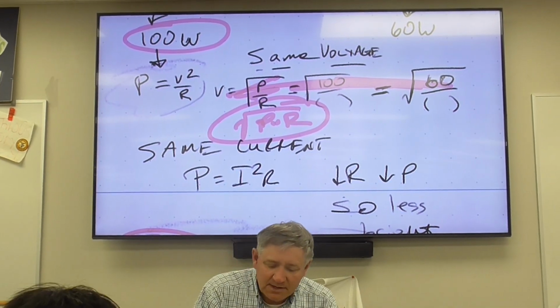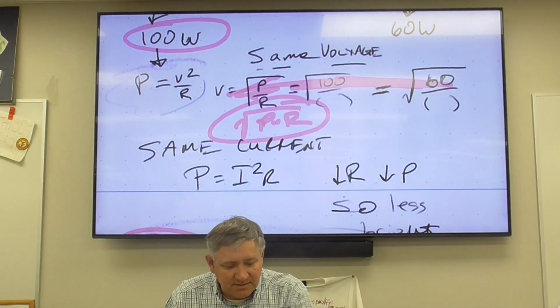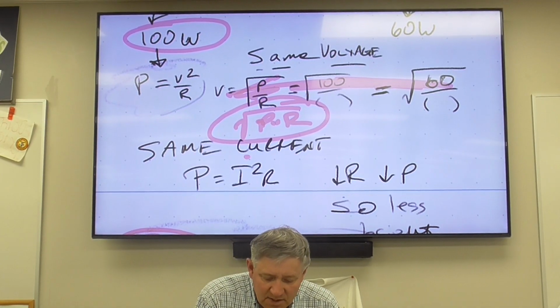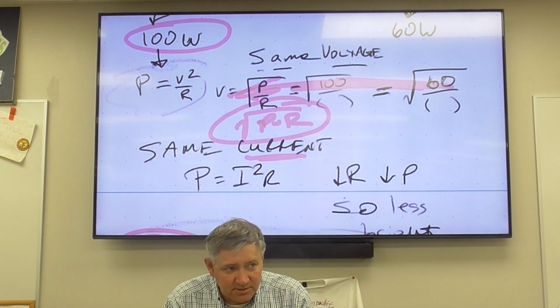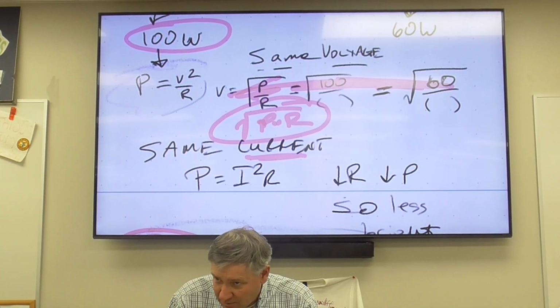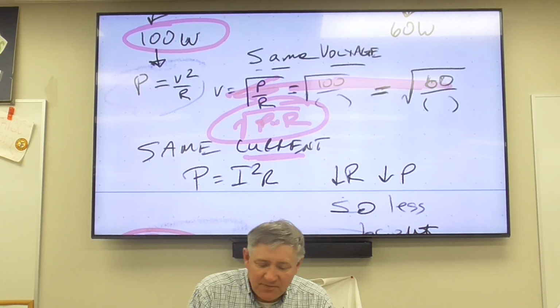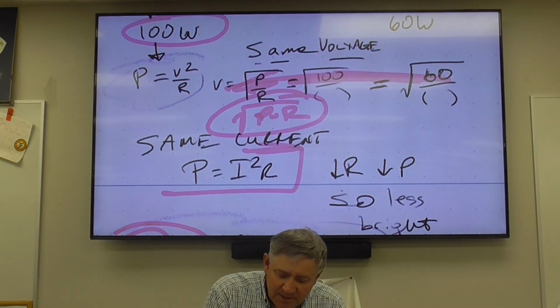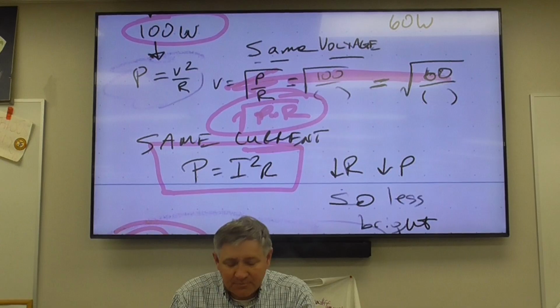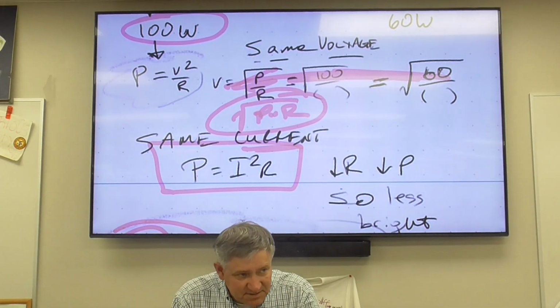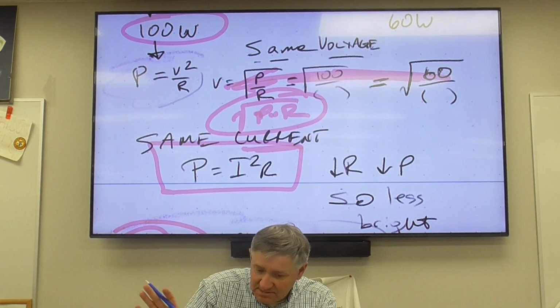resistance has to go down. The other side of that is if you keep the same current flowing between the two bulbs, and look at power equaling I squared R, let's think this through.